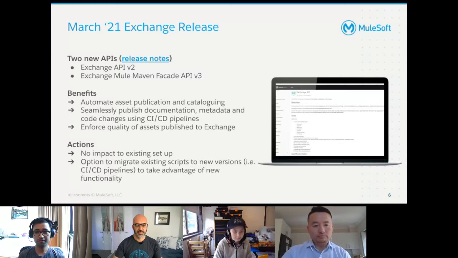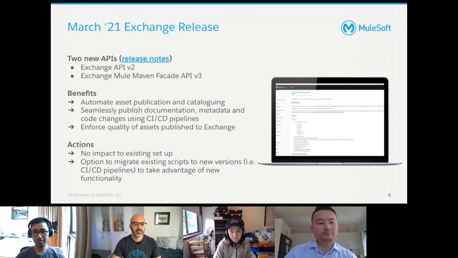So the first one, for any of you who are Exchange users, which would be all of you, I wanted to announce that there are 2 new APIs that are available for Exchange. This is the Exchange API version 2, as well as the new version of the Mule Maven facade. What are the benefits of this? It helps you with automating the publishing of data onto Exchange, as well as just having better quality assets on Exchange as well.